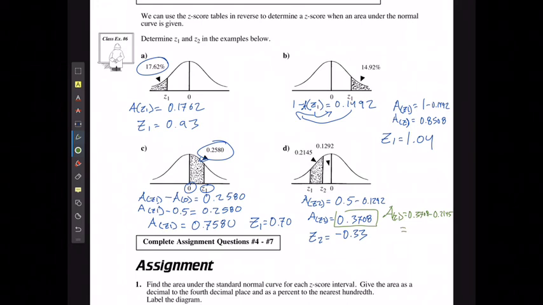The area of Z1 is going to equal 0.1563. So Z1 has to be negative 1.01. All right, go ahead and try some practice with this.